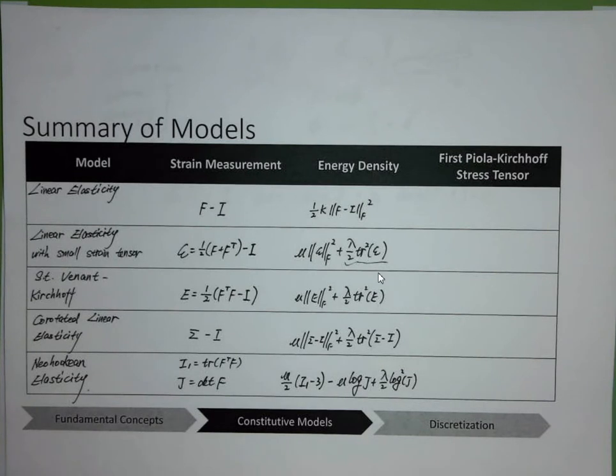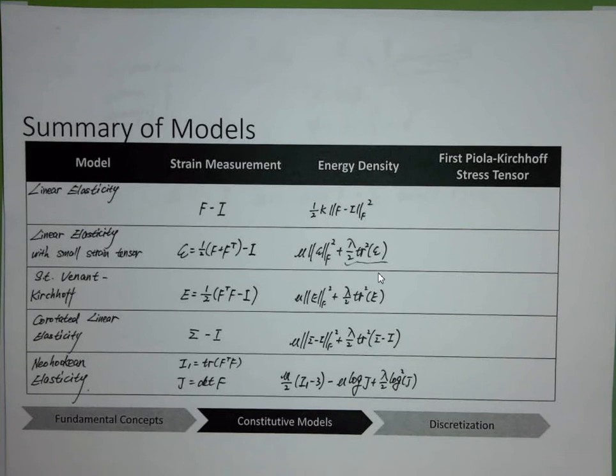But when F goes to almost the zero matrix, the energy gets another local minimum. So under simulation, if you compress it a lot, over a threshold, maybe like 58% of the original volume, the element will just collapse into one point because it wants to go to another local minimum.